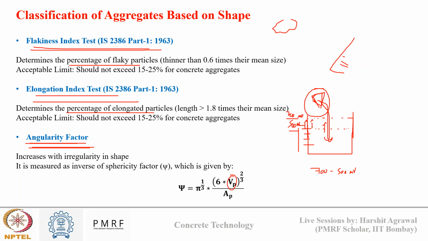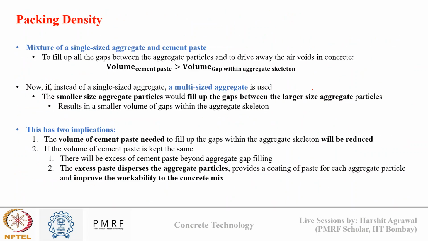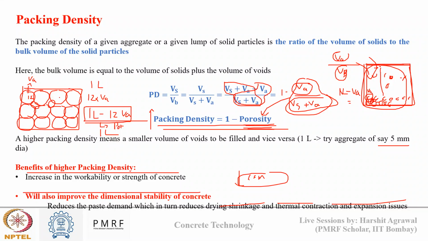Yeah, fine, but every aggregate has different sizes. Right now we are talking about a single aggregate, not of different sizes. Yeah, that's fine. I am asking practically, we are using angular aggregate in concrete.